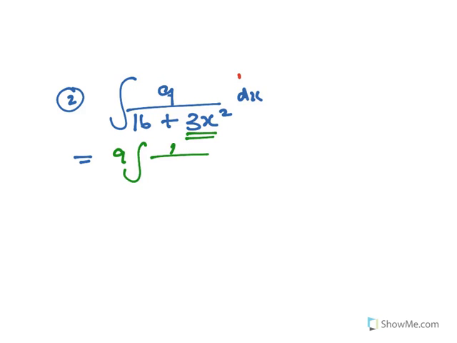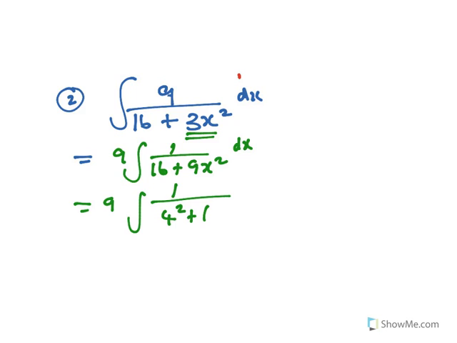Take the 9 out, so you get 1 on 16 plus 3x squared dx is 9. 1 on 4 squared plus, oh, it's not 9x squared, it's 3x squared, so it's root 3x squared dx. So the function is root 3x.